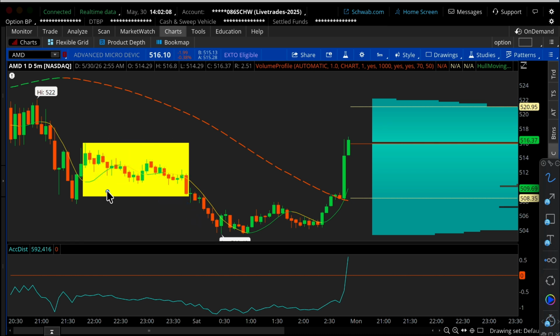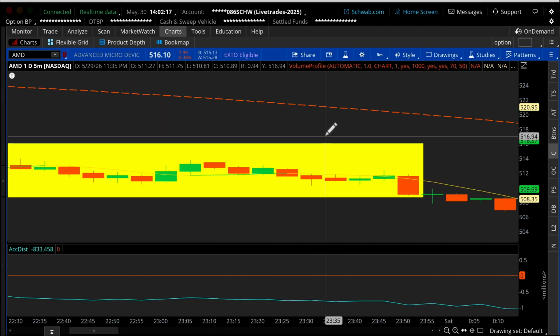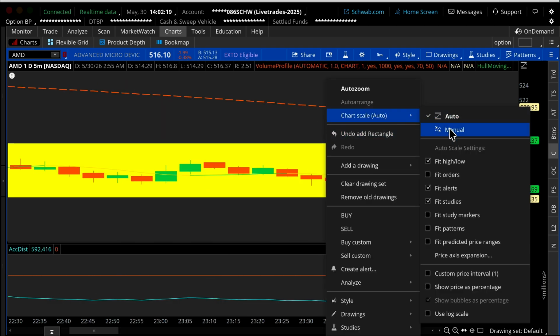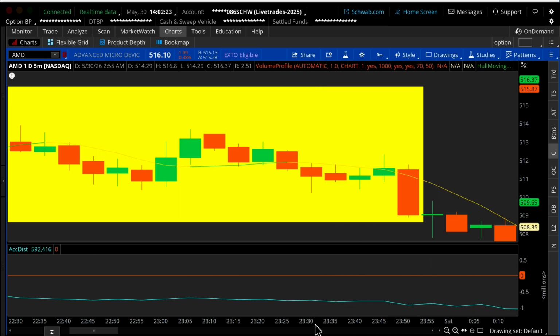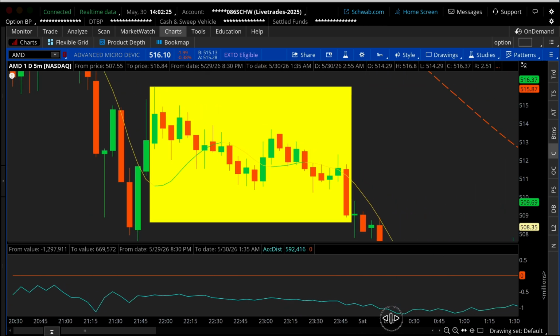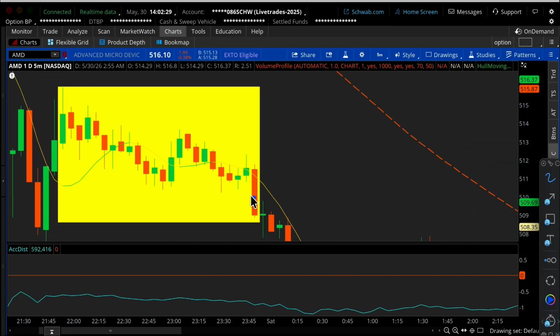The only time we trade this is if we see a big Marubozu candle, either bullish or bearish. So let me just clean that up there for you. That's the only time you're going to get in, when you see that range there.